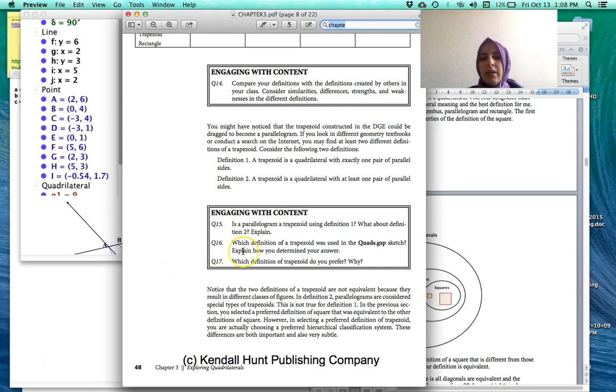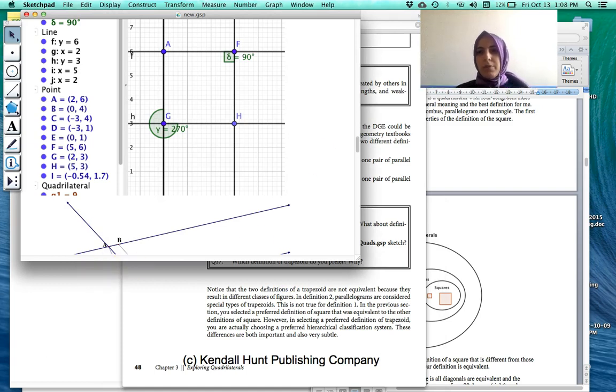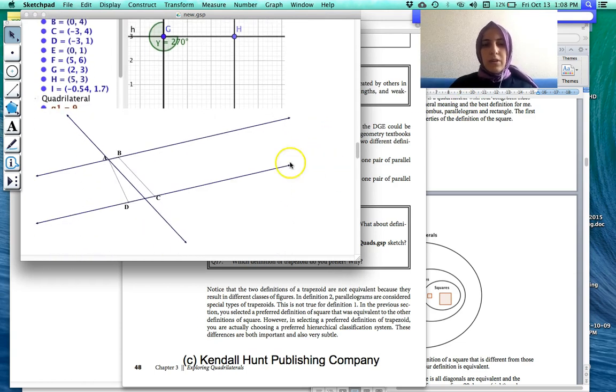Question 16. Which definition of a trapezoid was used in the quads.gcp sketch? Explain how you determined your example. Okay, open the quads. It doesn't matter, I have already opened it in my sketch.